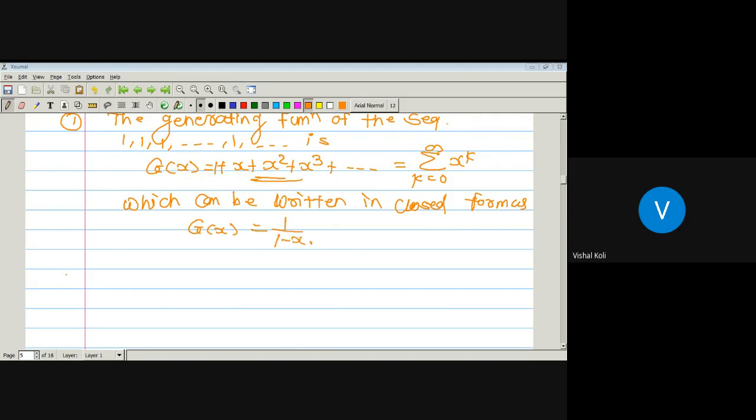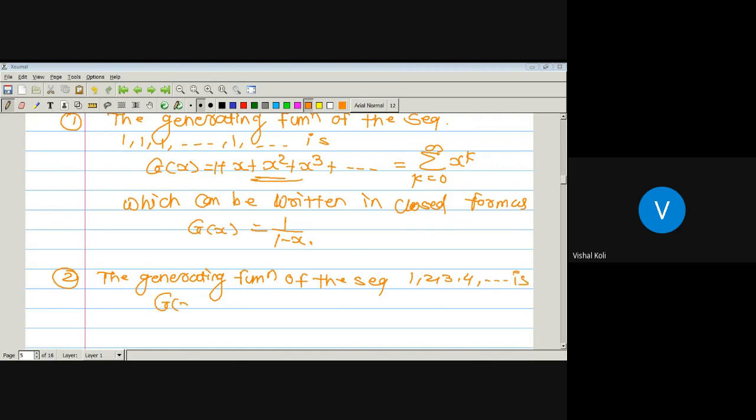Okay, similarly the second one, the generating function of the sequence 1, 2, 3, 4. Yes, what is its generating function?